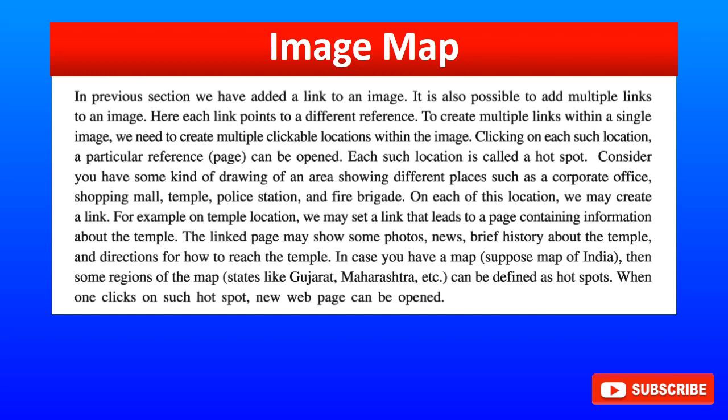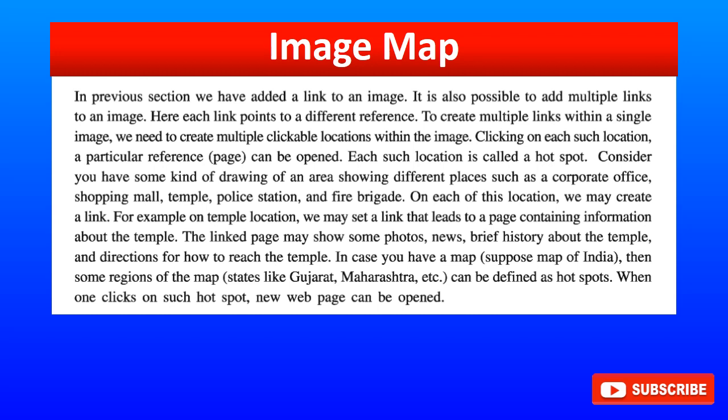To create multiple links within a single image, we need to create multiple clickable locations within the image. We have to specify through the browser that if this part of the image is clicked, then so and so web page is to be opened.